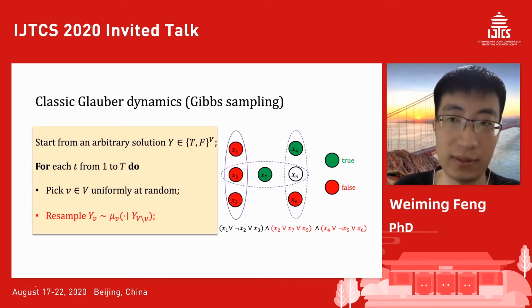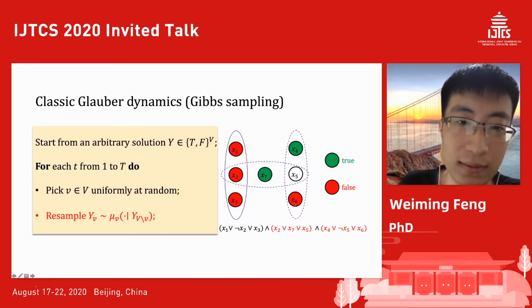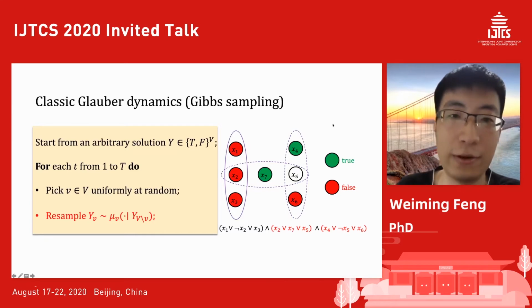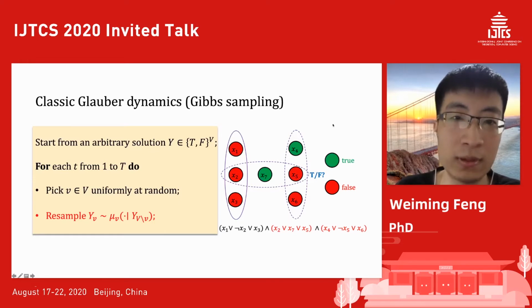Now, for example, if we pick the variable x5, x5 is incident to 2 clauses, the second clause and the third clause. Note that the second clause is already satisfied by x7, and the third clause is already satisfied by x4. So x5 can choose its value to be true or false uniformly at random.